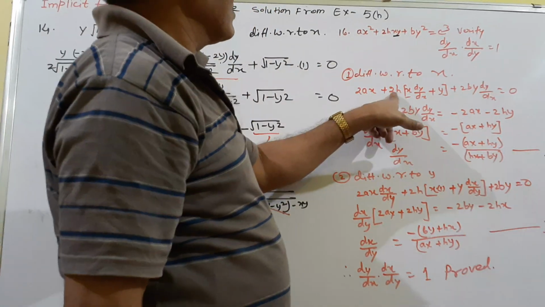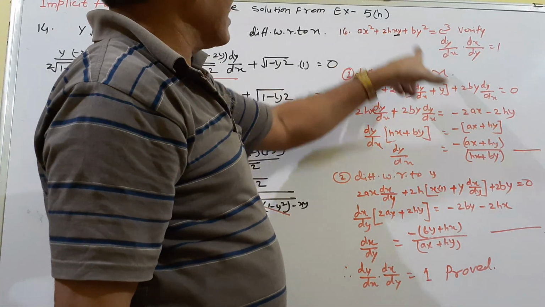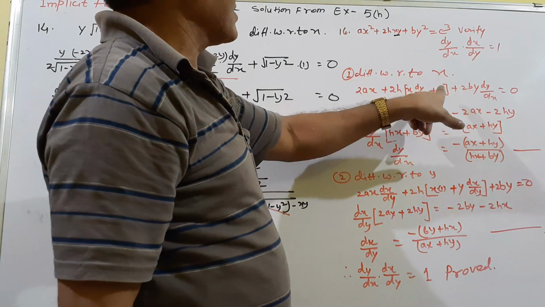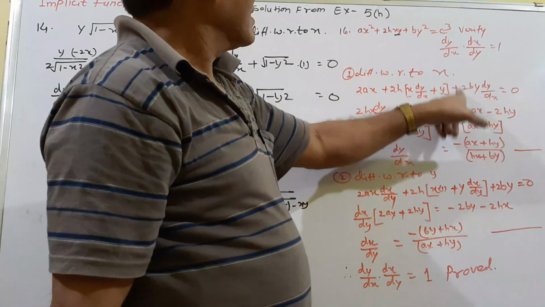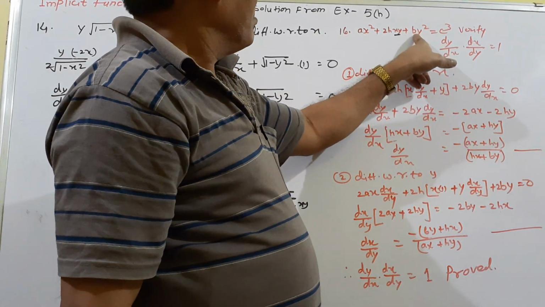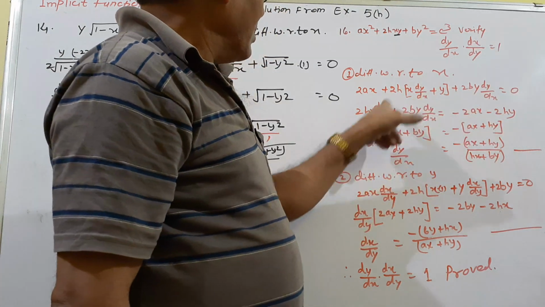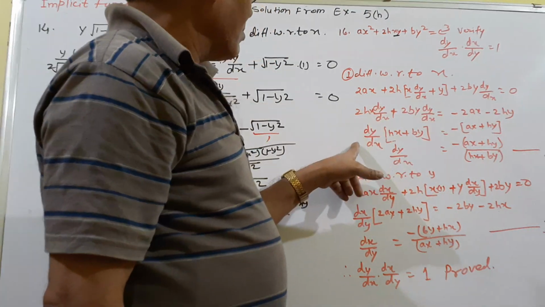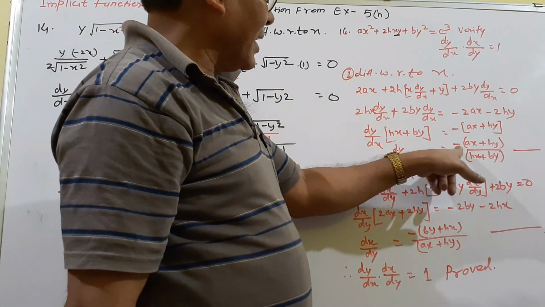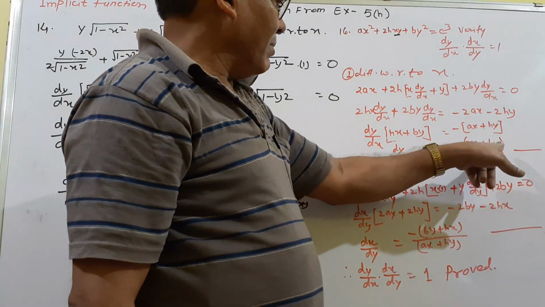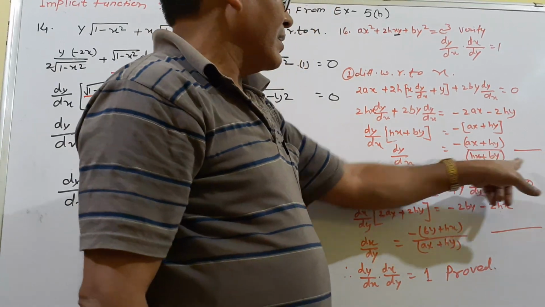So twice h common, then x first term constant, derivative of second term dy by dx plus second term constant, derivative of x first term is 1. So y into 1 plus here by square. So twice by dy by dx. After doing this, when you simplify, finally we are getting dy by dx is equal to minus (ax plus hy) divided by (hx plus by).